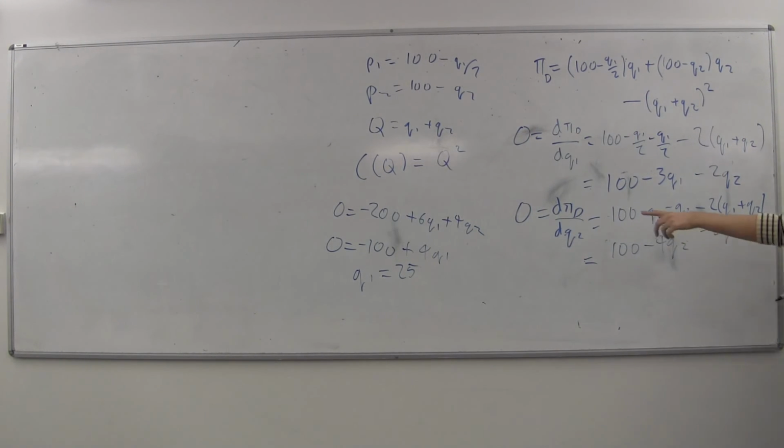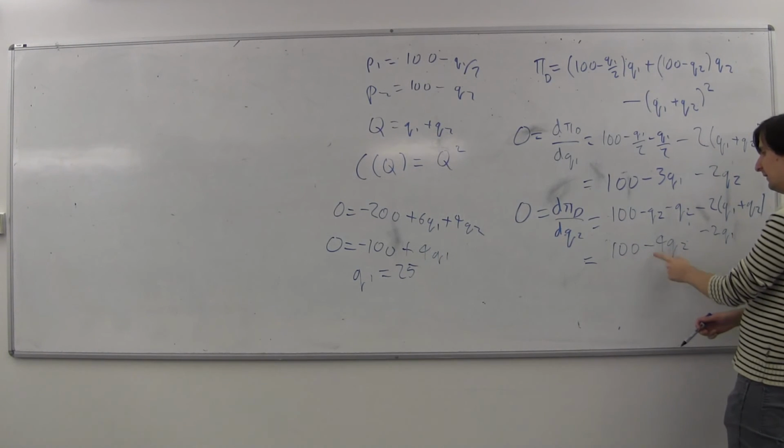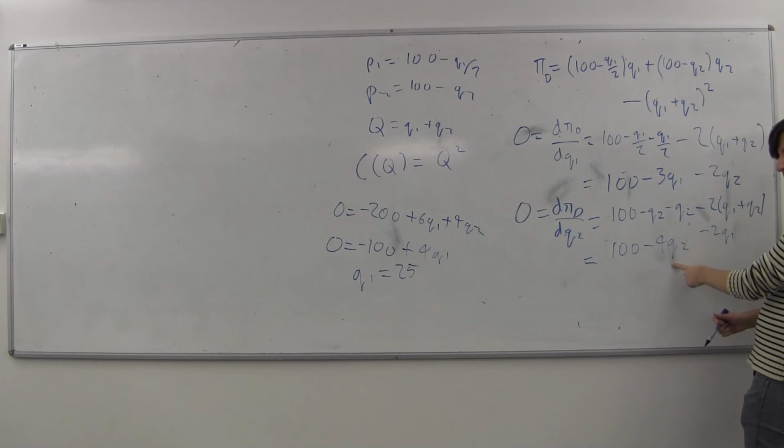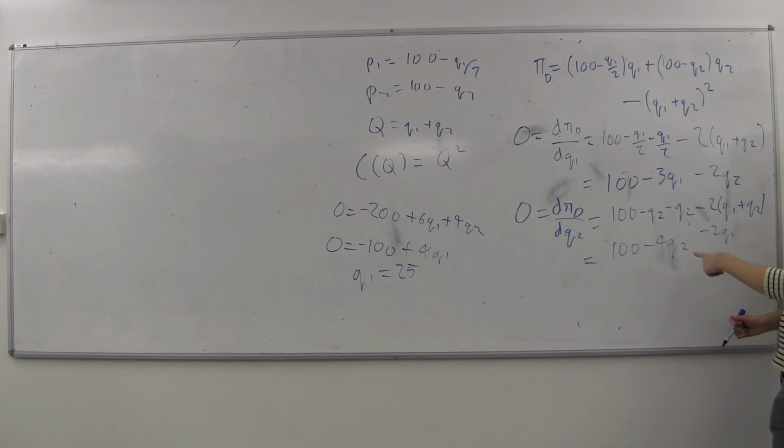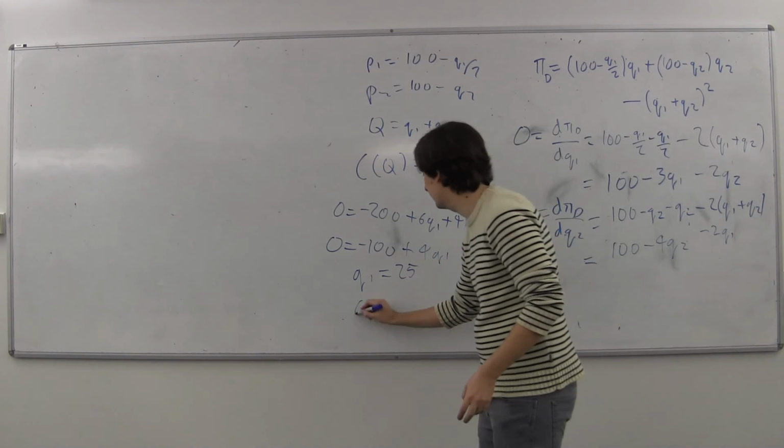Then substitute 25 into either of these equations and we can get Q2. If we substitute in here, this is 100 minus 2 times 25, so 100 minus 50. So this is 50 minus 4 Q2 equal to 0. So Q2 is equal to 50 divided by 4, which is 12.5.